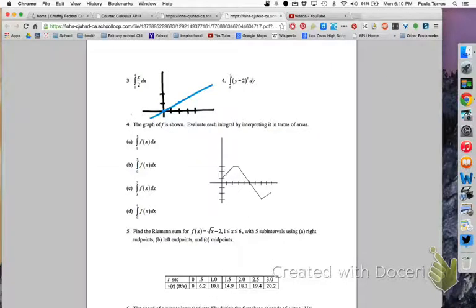So notice on this next one, I don't even have a bounded region until I pay attention to the bounds on my integral. And so I want to go from x equals 0 to x equals 4, and that's the stuff directly underneath that is where I'm finding the area between my curve and my x-axis.